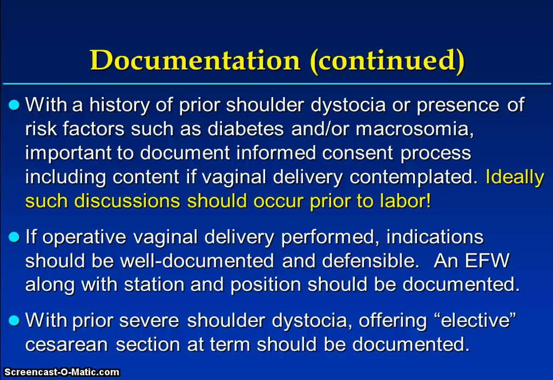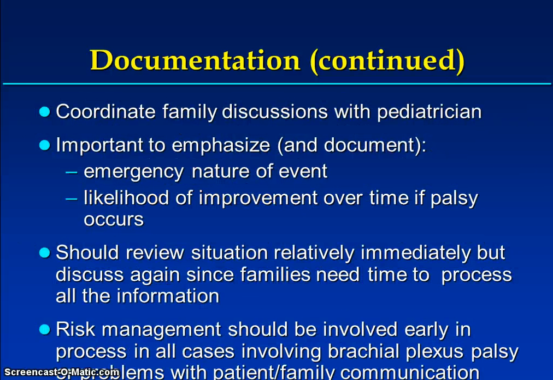With a prior severe shoulder dystocia, documentation should also be there that suggests that elective cesarean section was offered to this patient. Certainly most of us would do this, but I think documentation needs to be there, particularly if the patient elects to undergo a vaginal delivery.